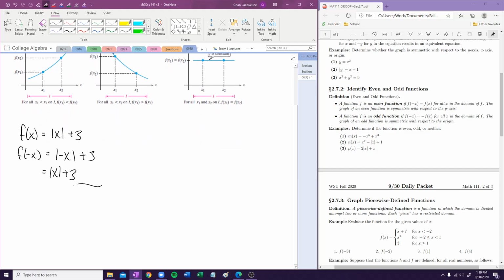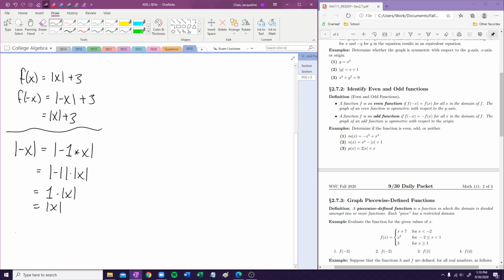So what does the absolute value of negative x mean? When you have negative x, it's essentially saying negative 1 times x. So that's taking the absolute value of negative 1 times the absolute value of x. So then I get 1 times absolute value of x, which gives us absolute value of x. It also works if I had a negative 3x.